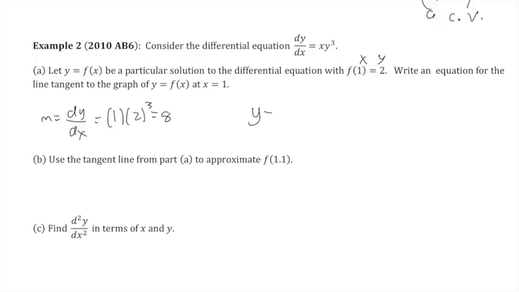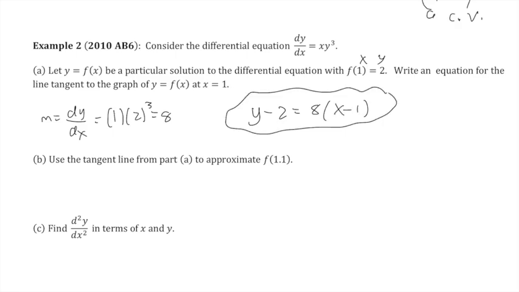Now if we write the equation of the tangent line, we get this, and we can simplify if we want. That's good. Now we're going to approximate at 1.1 using the tangent line. So again, we just sub in 1.1 for x. So this is 0.1 times 8, which is 0.8, plus 2. So this will be 2.8.